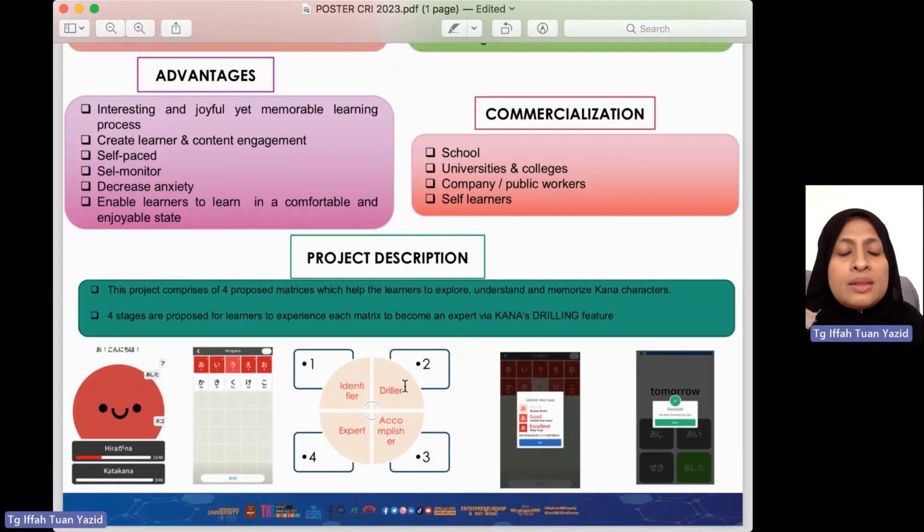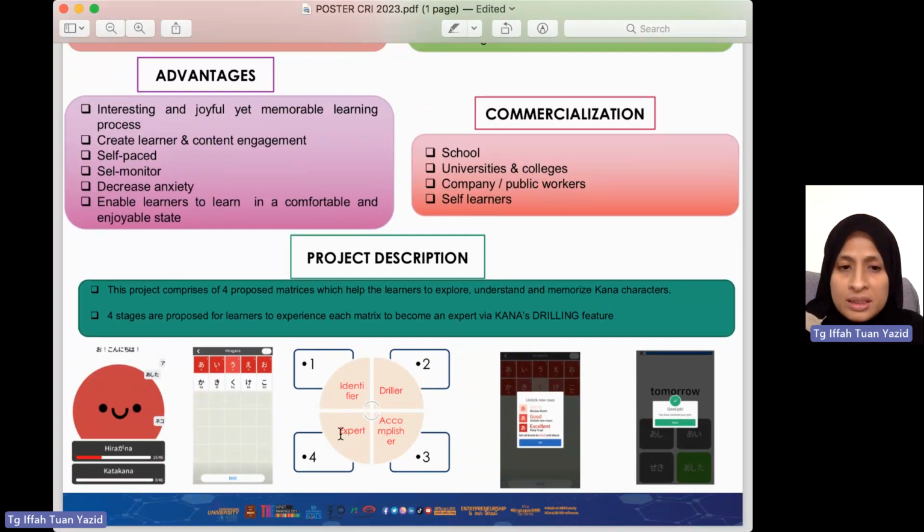After that, stage 3 is called completion, meaning that the learner is able to complete the course. Last but not least, stage 4: they can become an expert after following the course many times, because it is unlimited.